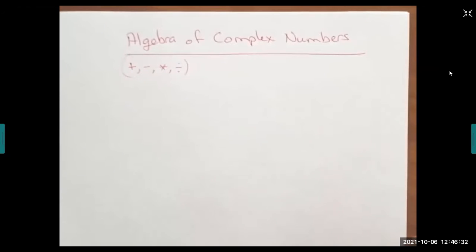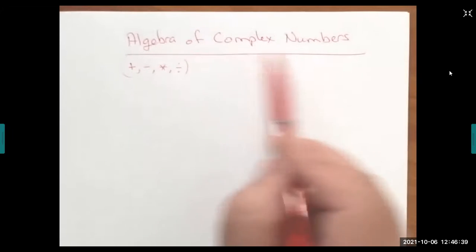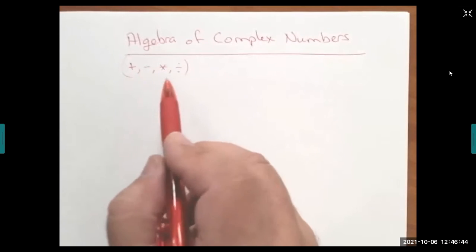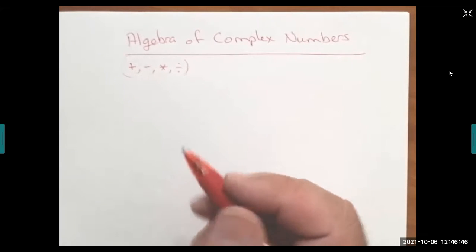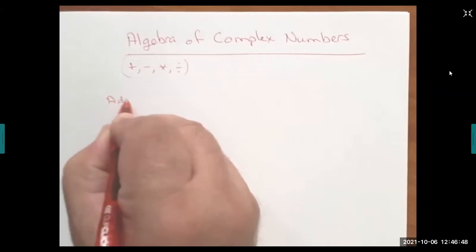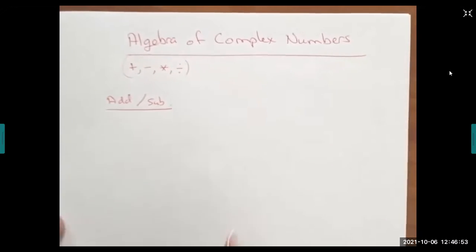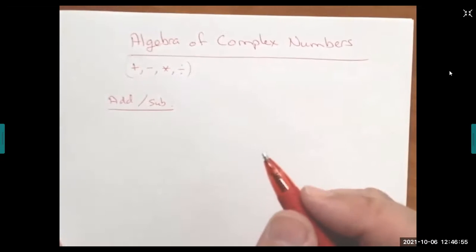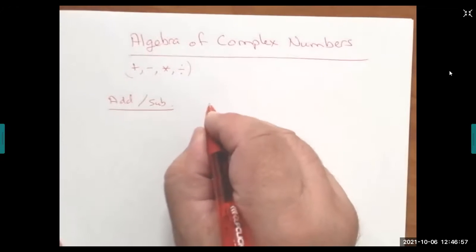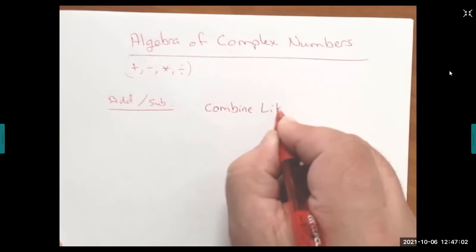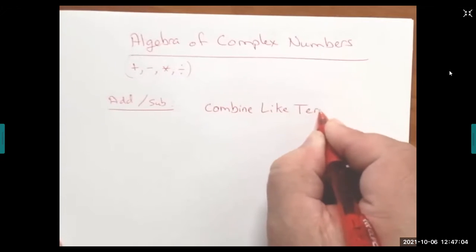So in other words, the algebra of complex numbers is adding, subtracting, multiplying, and dividing complex numbers. Let's look at addition, subtraction first. There's basically one rule. Combine like terms.